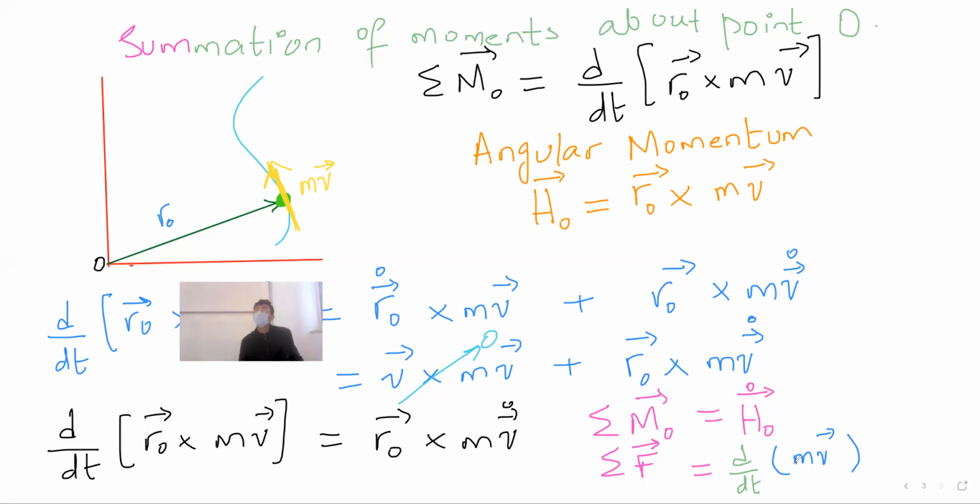Summation of forces is equal to mass multiplied by acceleration. Summation of forces is equal to the rate of change of linear momentum. Does it not ring any bells? Or you can always think of it like this: summation of forces is equal to ma. What is a? dv by dt. Pull out the d over dt before, so it becomes the rate of change of linear momentum.